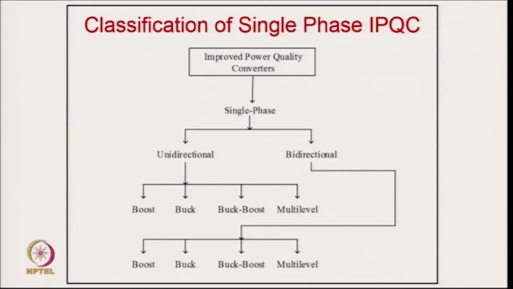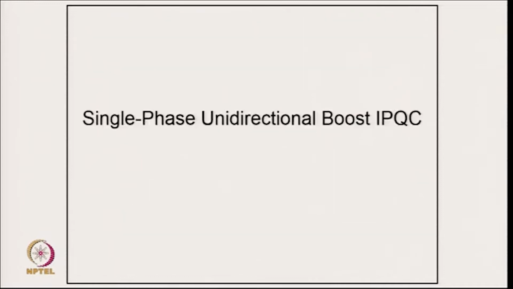But bidirectional power flow you can think of in online UPS, or many applications where regeneration is there, like traction. Even for very high ratings we use this single phase bidirectional improved power quality boost converter, and sometimes we use the multi-level also. So, we will discuss that later.